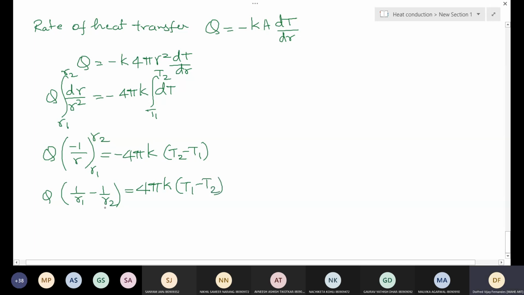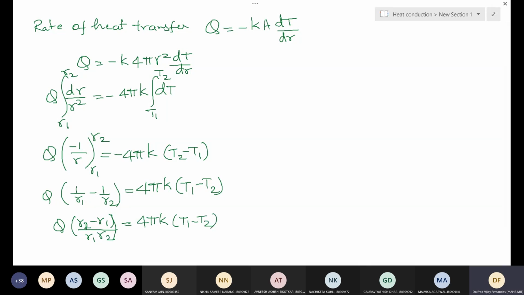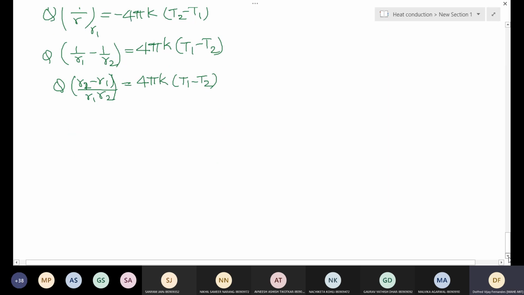With simple factorization, we can write Q times (r2 minus r1) divided by r1 r2 equal to 4 pi K (T1 minus T2). We'll write this as Q equal to 4 pi K r1 r2 (T1 minus T2) divided by (r2 minus r1).